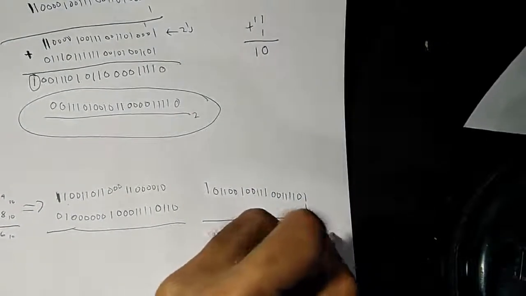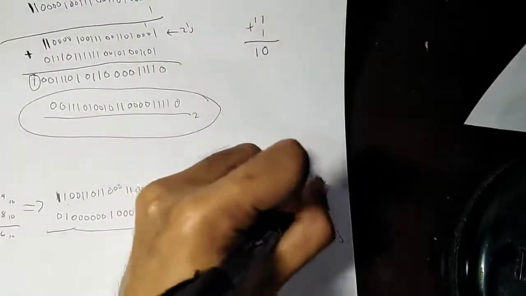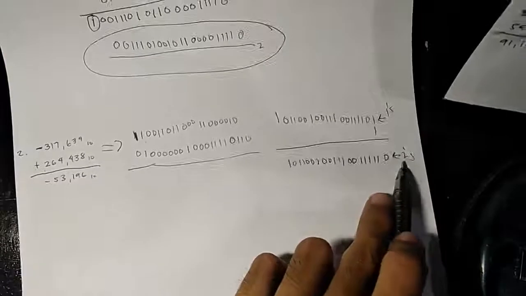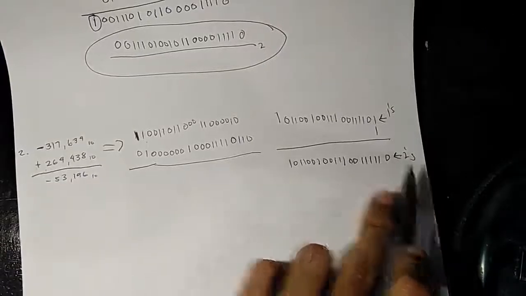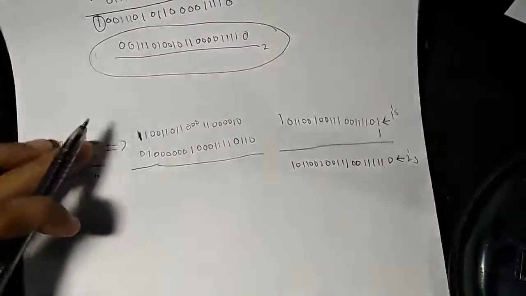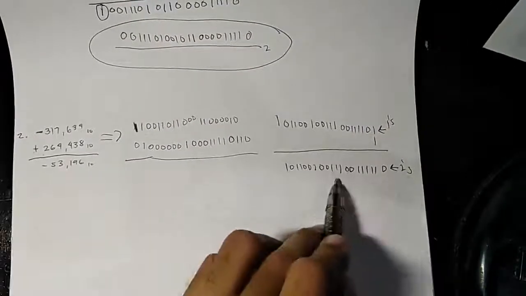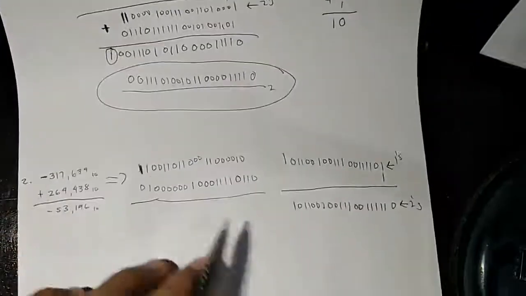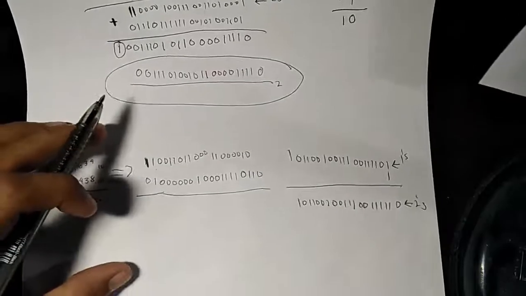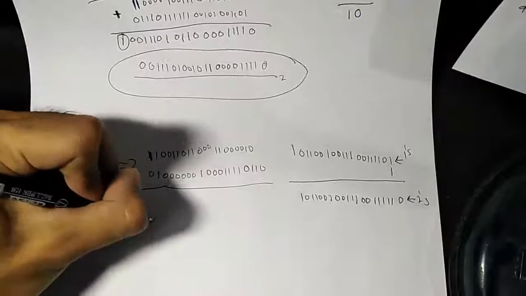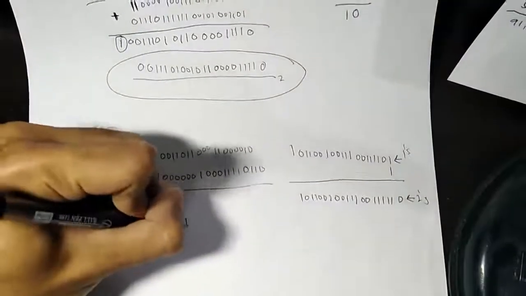This is now the 2's complement, and this is the 1's complement. You see, this is not that hard. Then you add the 2's complement to the positive binary equivalent. When we add both of them, as we did earlier in the first example, I hope you get it. So the result will be this one.